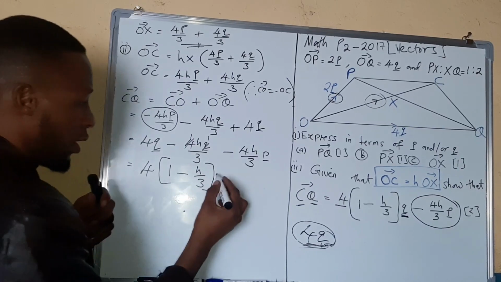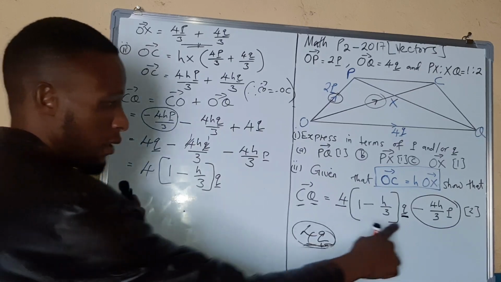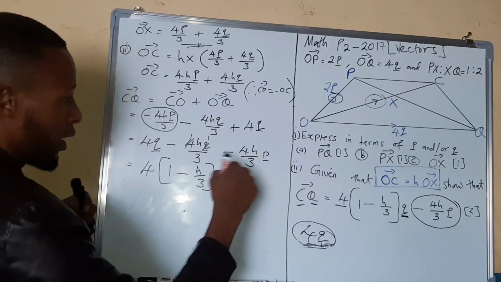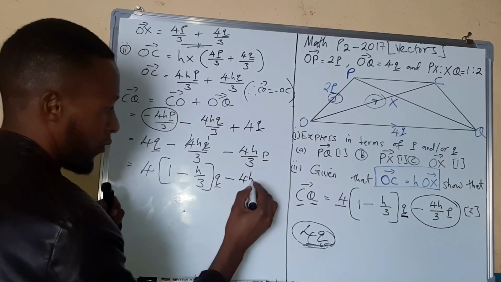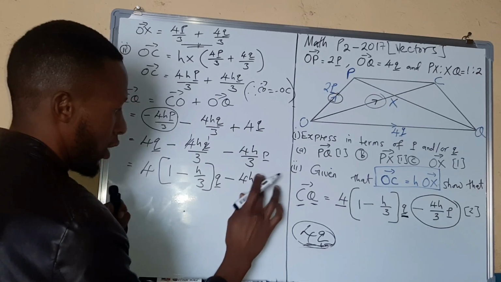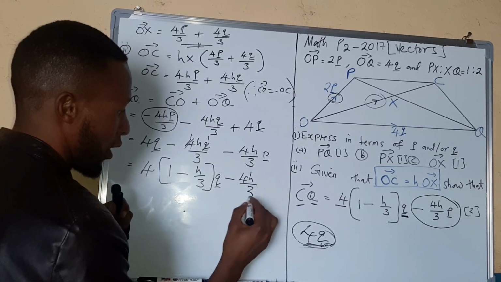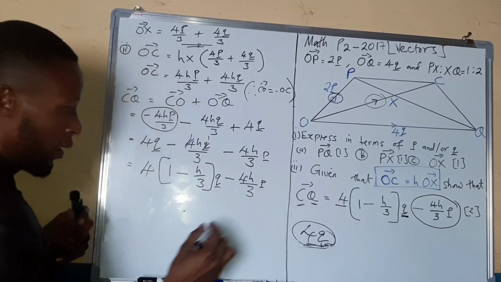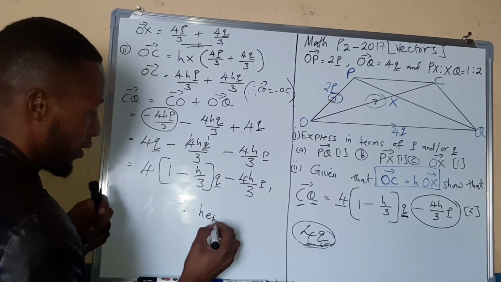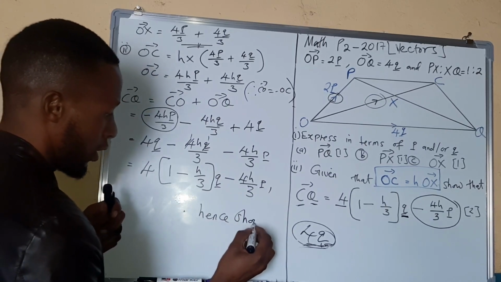Then the Q is on the other side of the square brackets, like this. Then we bring down this, minus 4H over 3, then the P in vulgar form. From here, you write, hence shown.